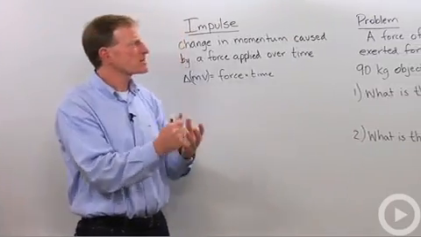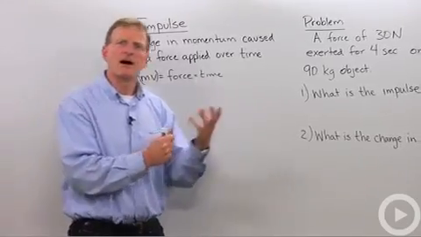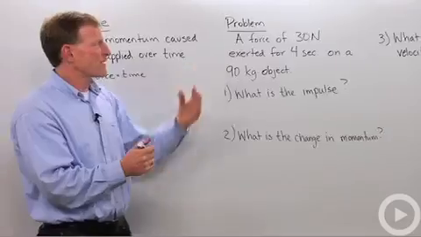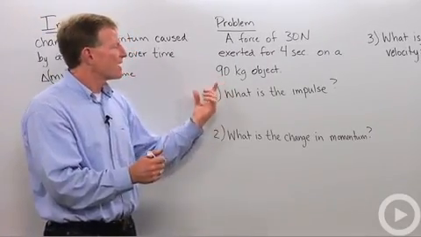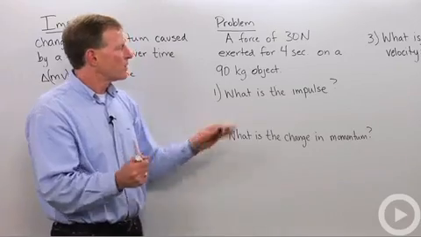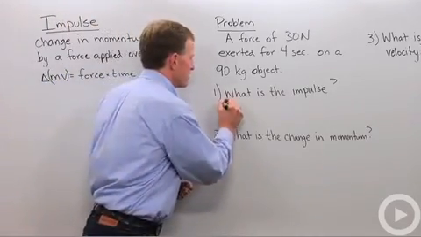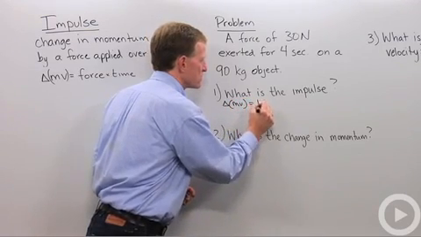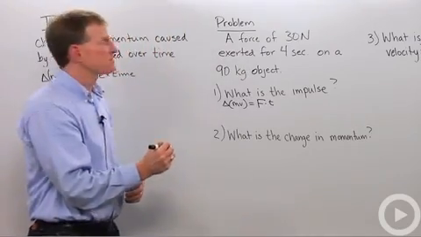Okay? Let's look at some examples of calculating an impulse and then using that impulse to calculate the change in momentum. Okay? I've got a force of 30 newtons exerted for 4 seconds on a 90 kilogram object. What's the impulse applied? Okay, so again, the change in momentum here equals force in newtons times time in seconds.